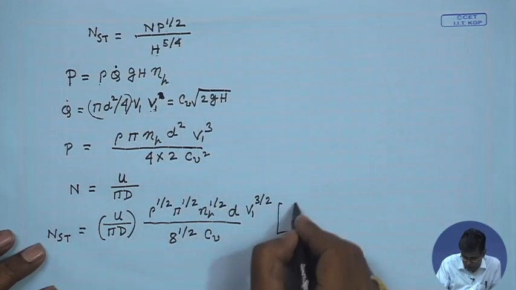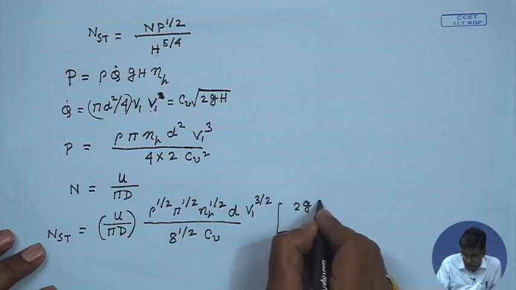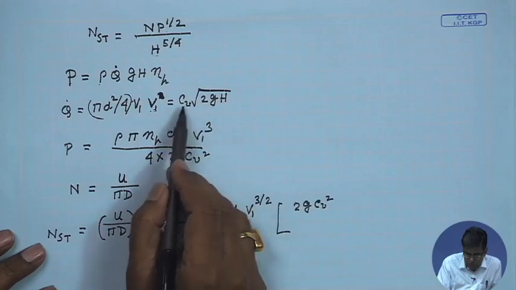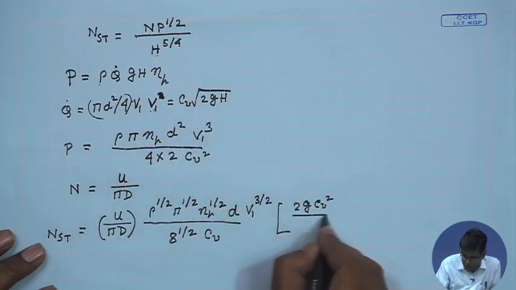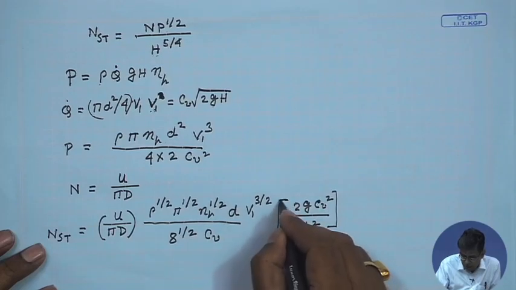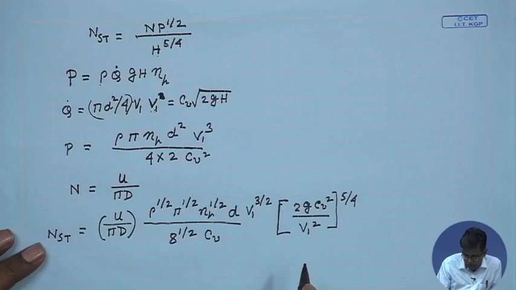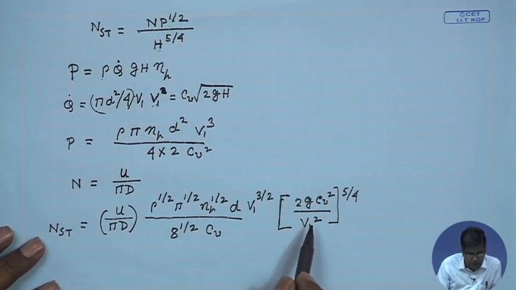So, therefore, we can write, just you watch, CV square, 2 G CV square, 1 by H divided by V1 square, it is 1 by H whole to the power 5 by 4. Okay. So, this can be written in this fashion.